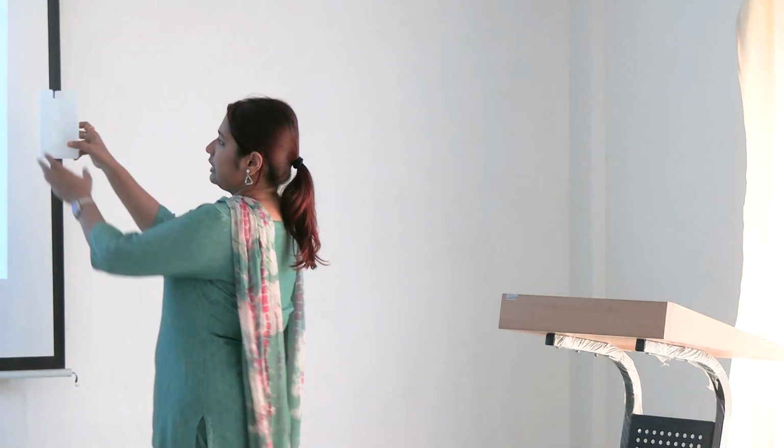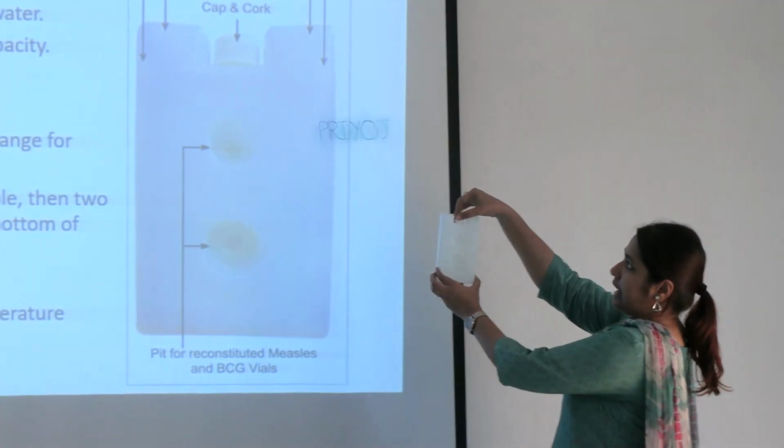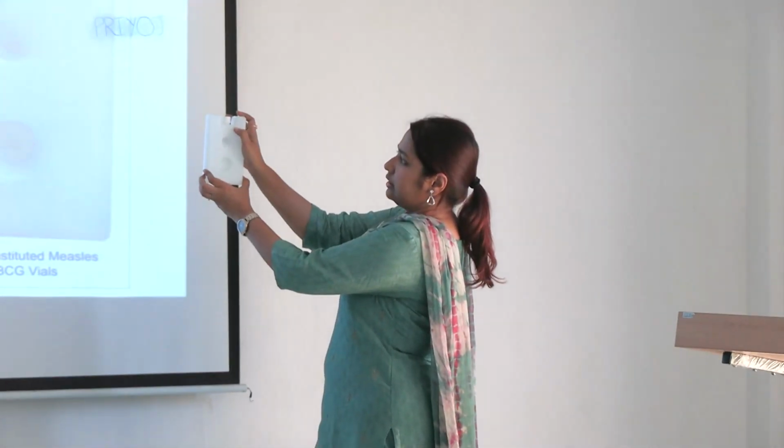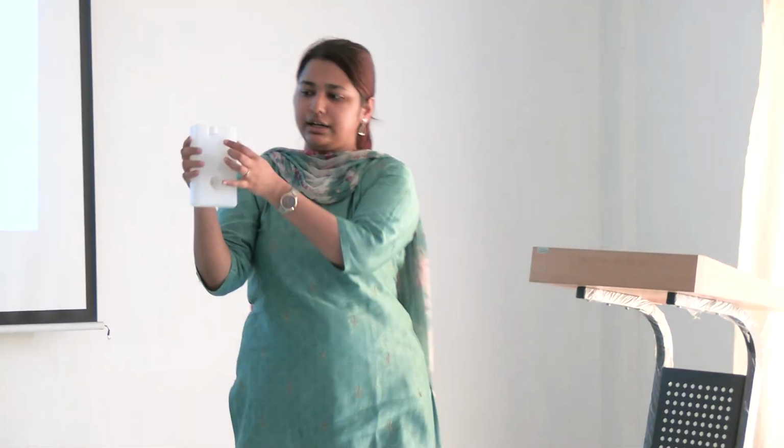And in a functional area, if your basket is not available, then you have to keep the ice pack and keep the vaccine ready in a small packet. So what are the parts of this ice pack? As you can see, there is a body, a cap and a cork. There is a marking here, the safe maximum water level.